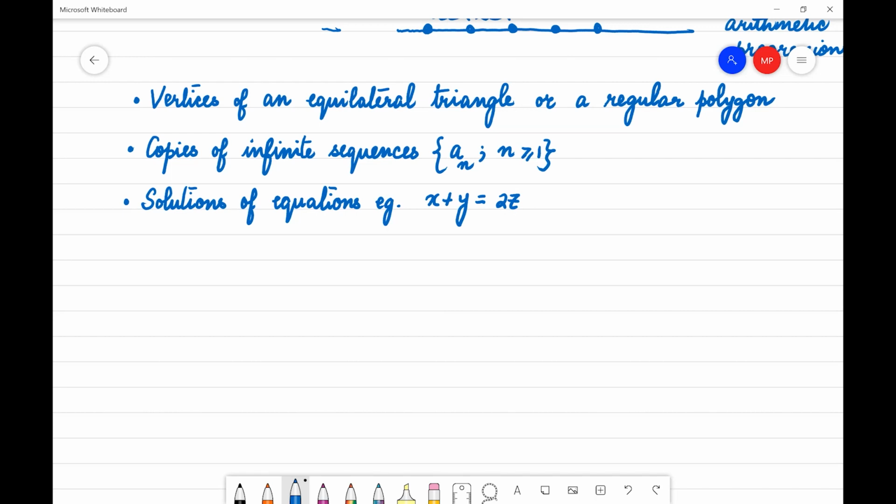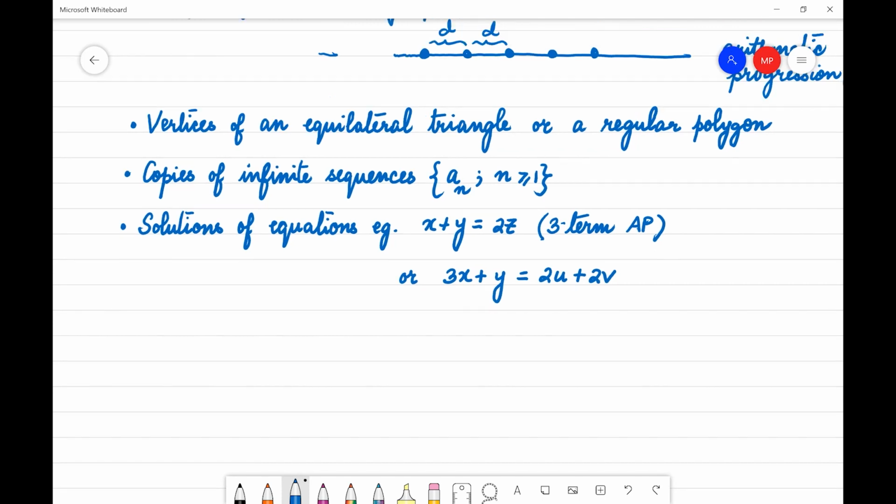By the way, this is an equation that depicts a three-term arithmetic progression, something that we have already talked about, or something truly different. Let's say 3x plus y equals 2u plus 2v. Okay. All right. So these are some examples of what patterns could be.